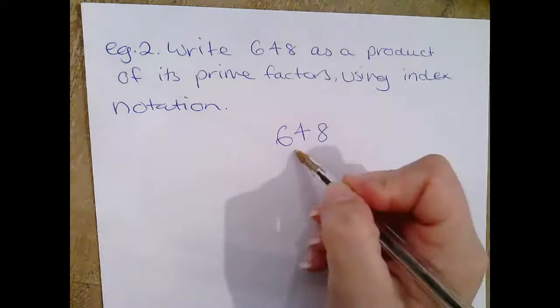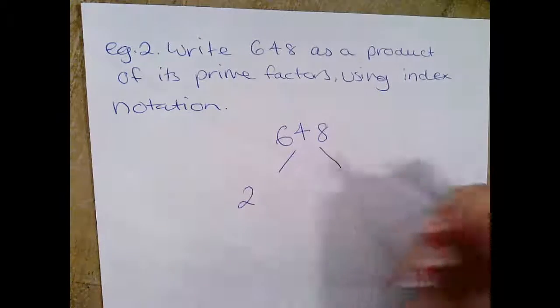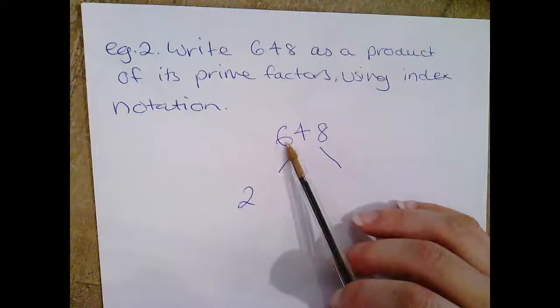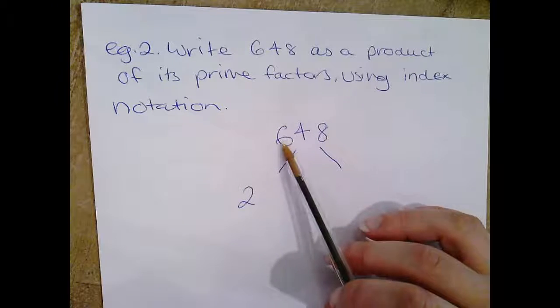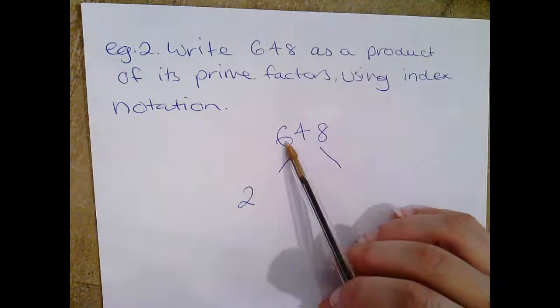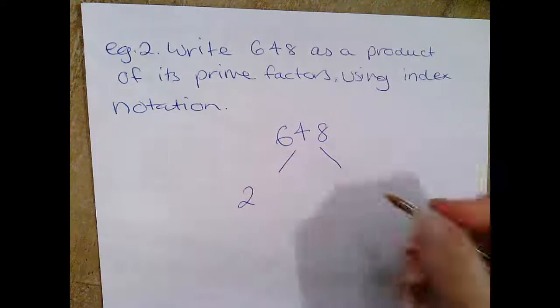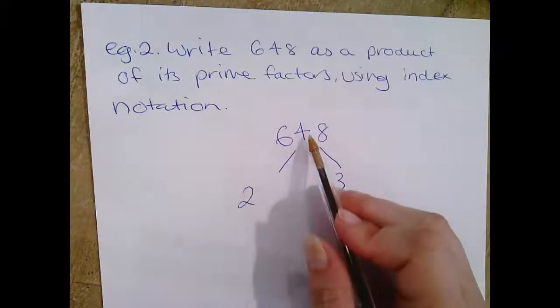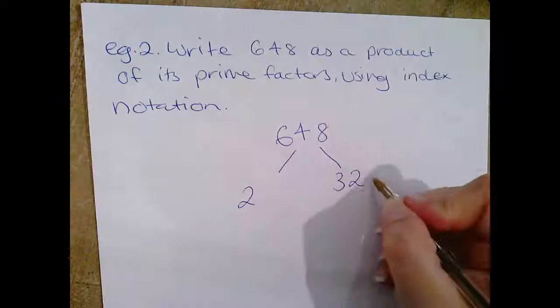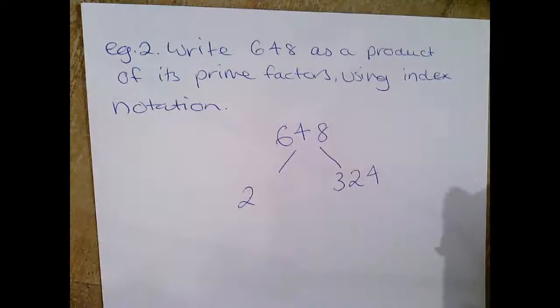So I'm going to write that as 2 and something else. Now quickly, this is really easy to divide 2 into it because you can see every single number is even. So 2 into 6 is 3, 2 into 4 is 2, and 2 into 8 is 4.